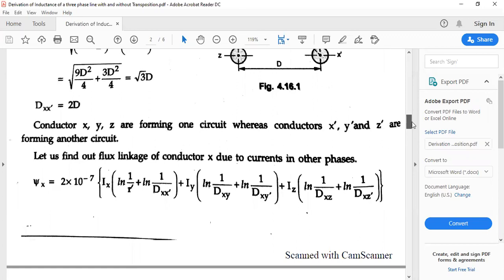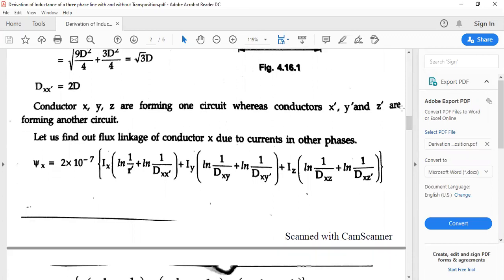So you can move to the flux linkage equation directly. That's the main aim. Before finding the inductance, you need to find out the flux linkage of the conductor. To find the flux linkage, again I'll consider 3 conductors which form one circuit, and x dash, y dash, z dash form the other circuit.